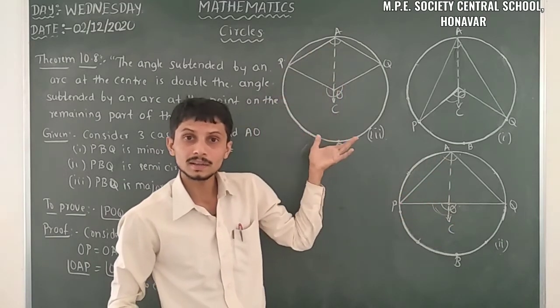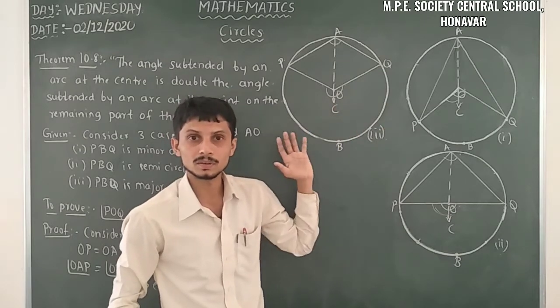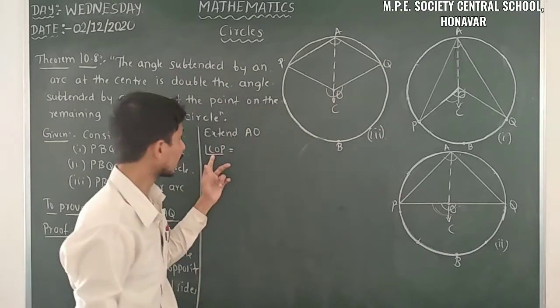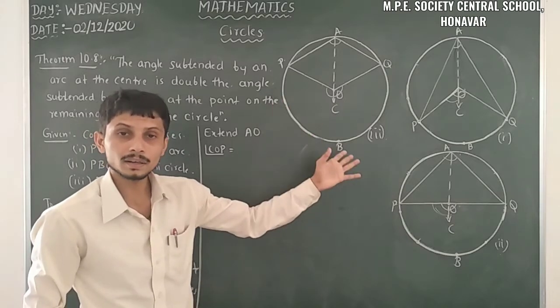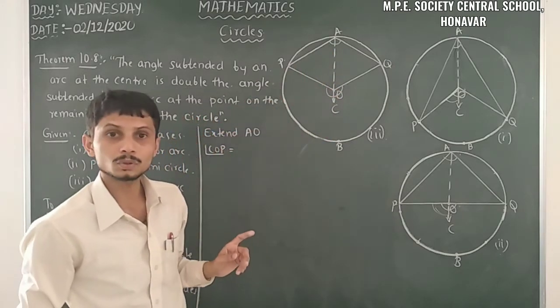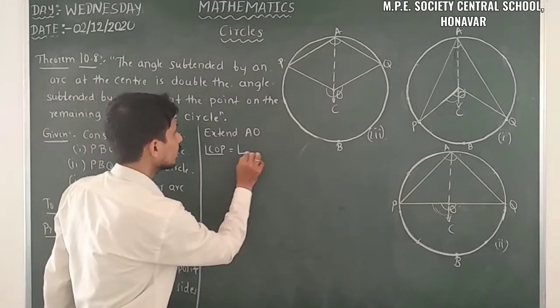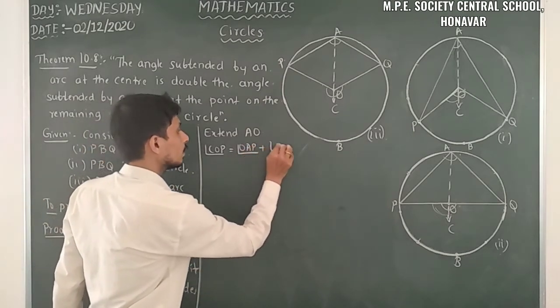When we have this angle equality, we can easily get our required things. That is, angle COP is equal to the sum of the interior opposite angles, that is angle OAP plus angle OPA.